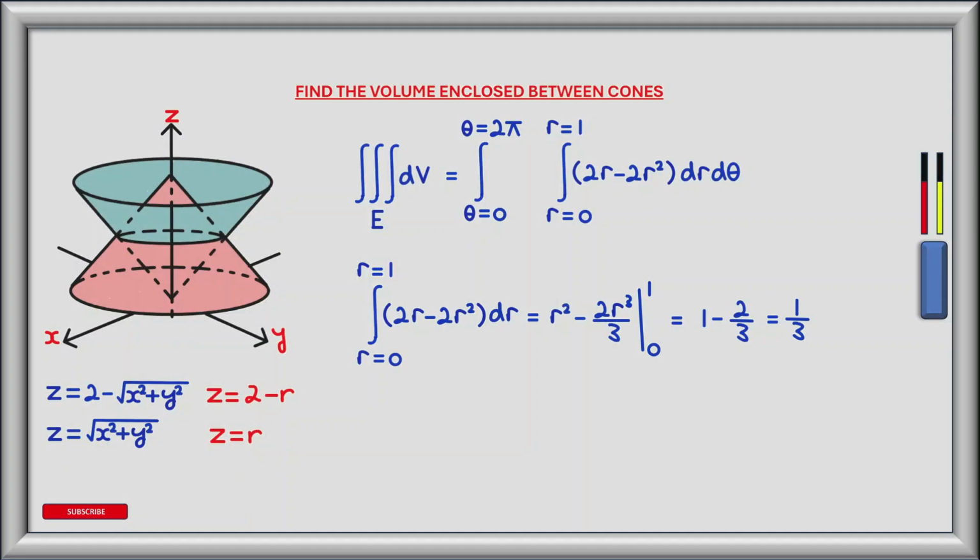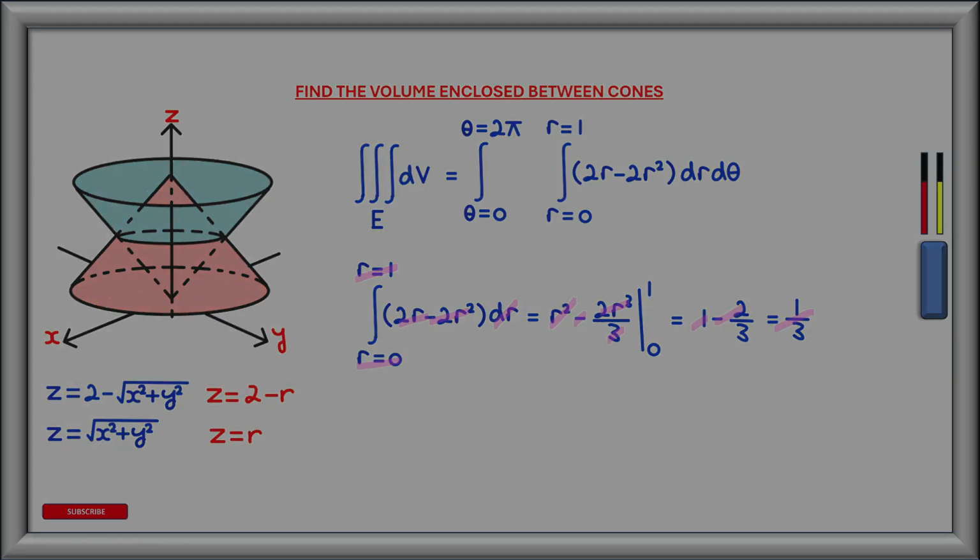And for the middle integral, we want to integrate from r equals 0 to r equals 1, 2r minus 2r squared dr. And evaluating this using the power rule, we have r squared minus 2r cubed divided by 3. And plugging in the limits of integration, we have 1 minus 2/3 is equal to 1/3.